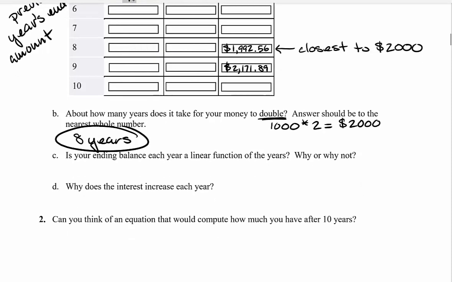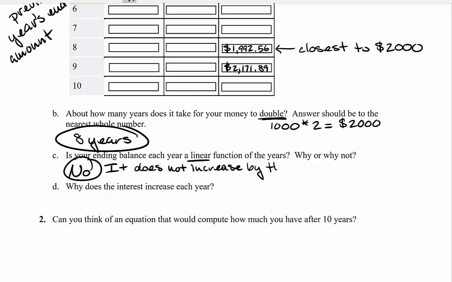Okay. Part C here: is your ending balance each year a linear function, like we learned about in chapter 5? Why or why not? Well, I'll tell you right now it's no, and I'll tell you why. It does not increase by the same amount each year.